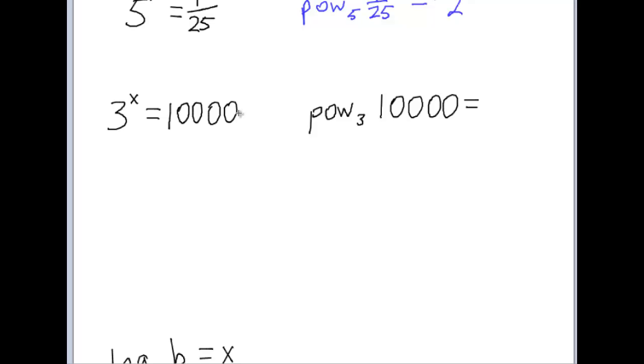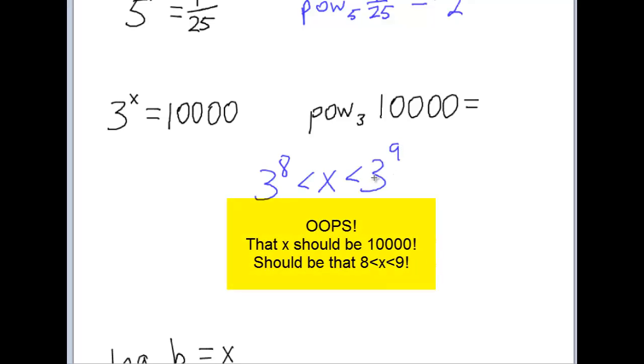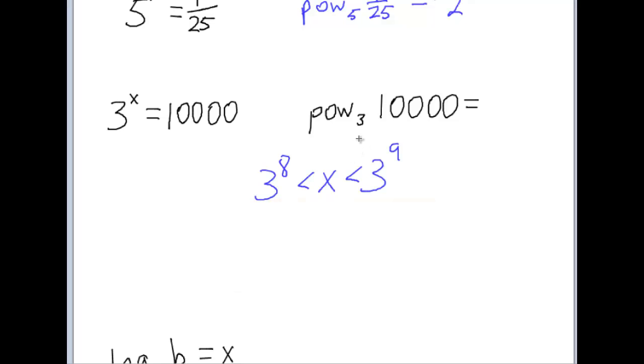And we did it with some trial and error in class and found that this is somewhere between 3 to the power of 8. 3 to the 8 is less than x, which is less than 3 to the 9. So we know that this answer is between 8 and 9. Is there a way to get it exactly without just doing trial and error?